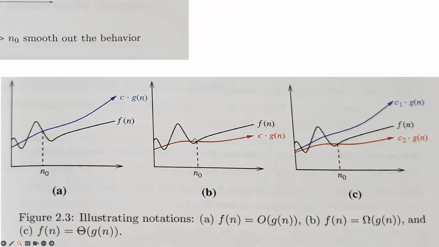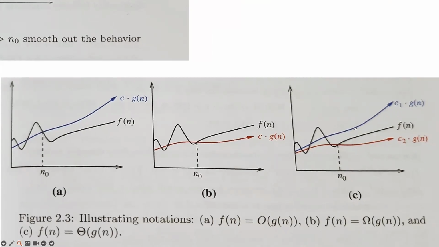For B, it's similar: we're finding a point after which we know the behavior of the function, so the lower bound applies after these initial values. And similar for the average case, we're looking for an upper bound and a lower bound. And yeah, the average case is a little bit tricky. We'll talk about it.